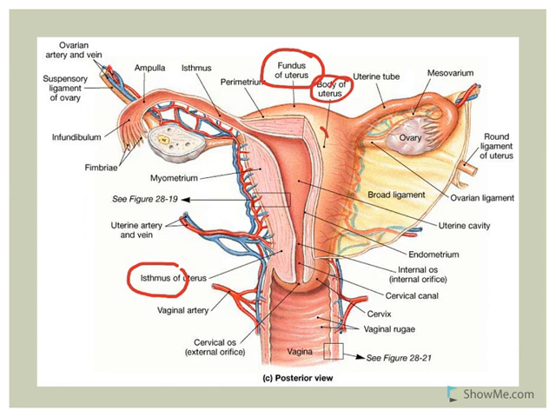Now the lower part or the neck of the uterus is referred to as the cervix. So the cervix is the neck of the uterus. In the cervix, we have what we call an internal os, or internal orifice, and an external os. The opening into the uterus is the internal os, and the opening to the vagina is referred to as the external os.